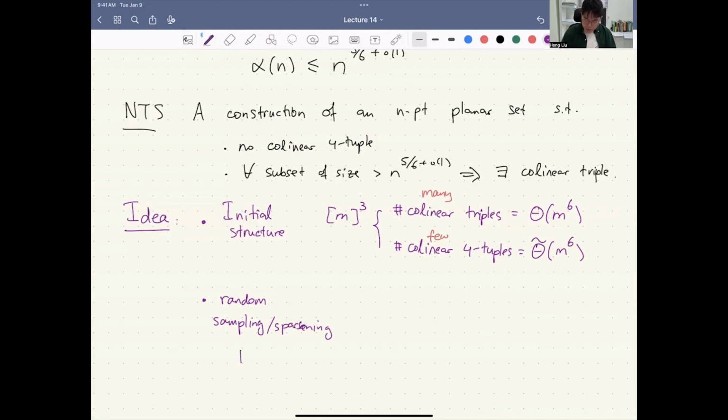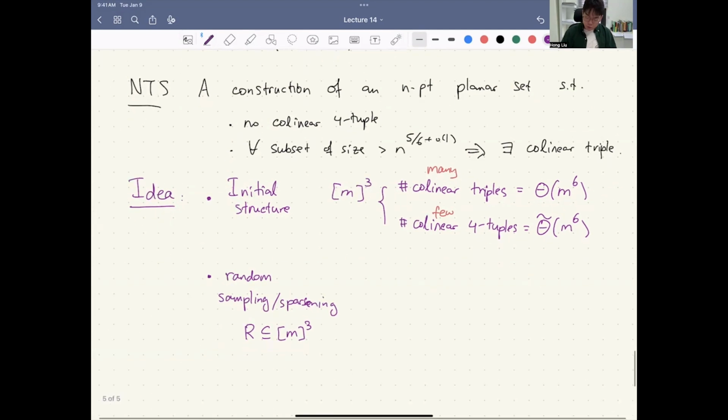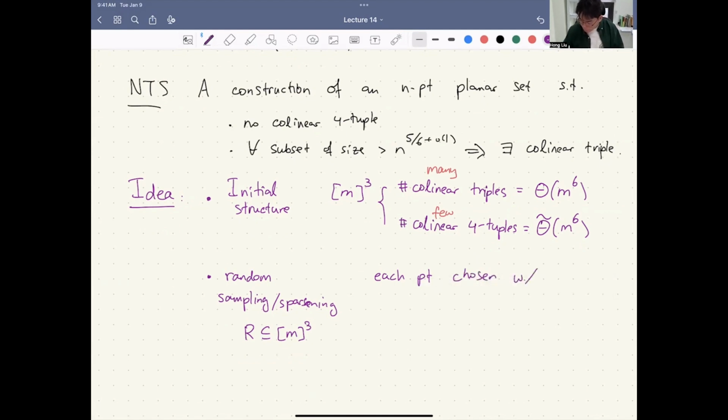This just means we take a subset R in this cube where each point is chosen with probability roughly 1/m.